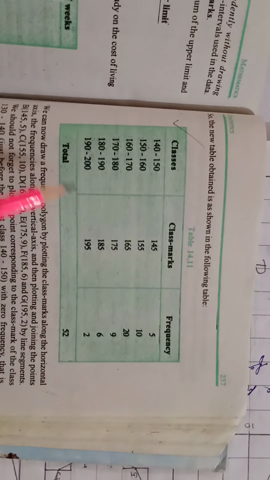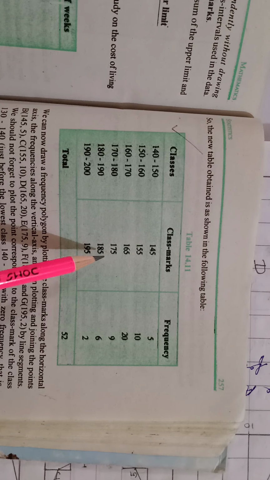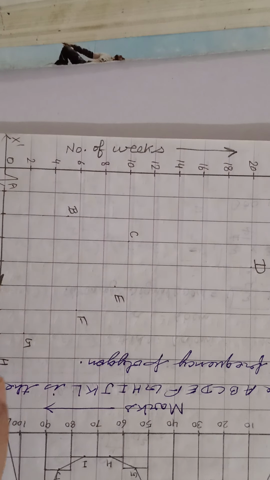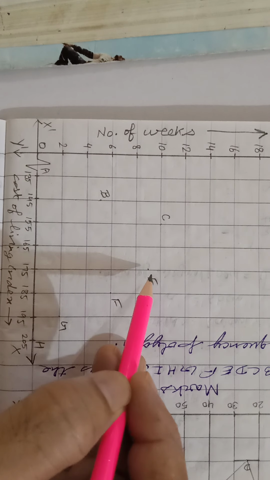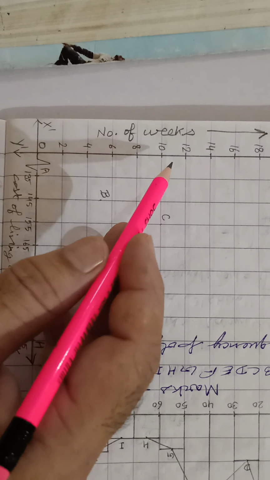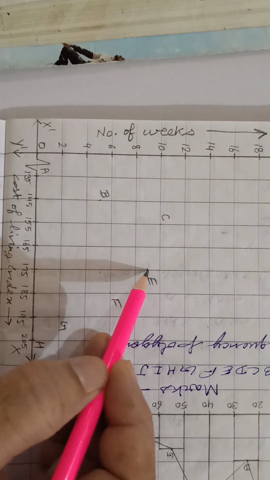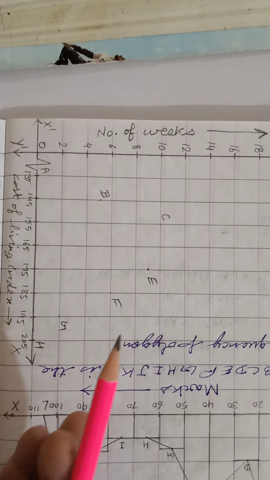And next, 175 whose frequency is 9. 9 lies between 8 and 10, so represent by E point.